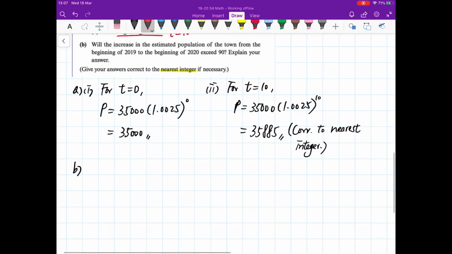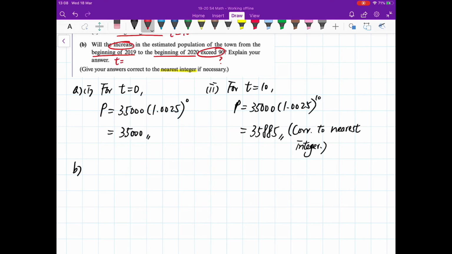And then let's take a look at part B. The question asks whether the increase of the population from the beginning of 2019 to the beginning of 2020 will exceed 90. Okay, that means there are two times in this question.